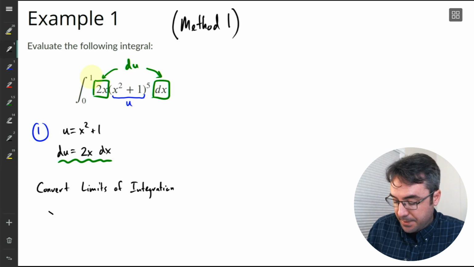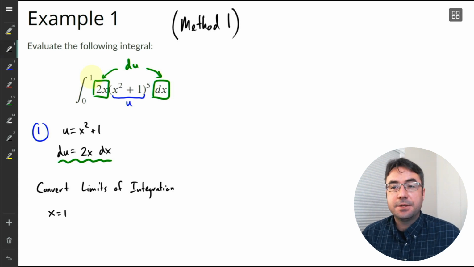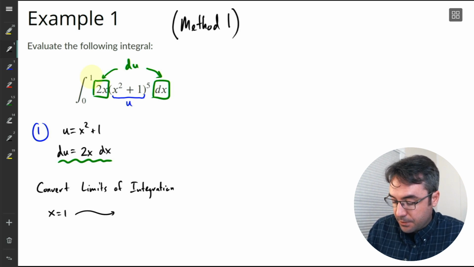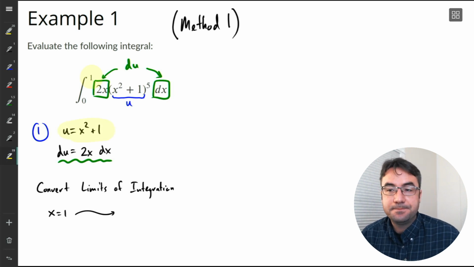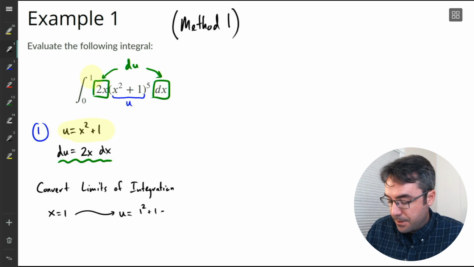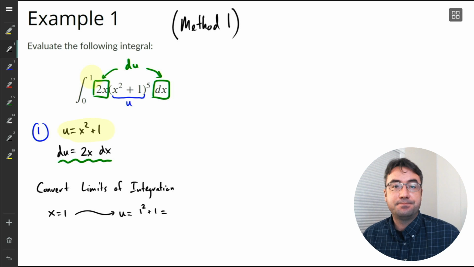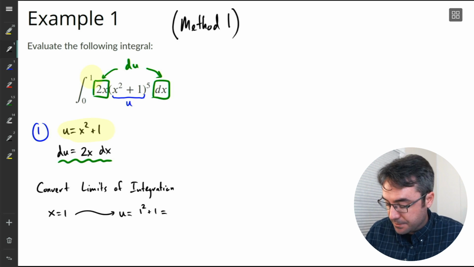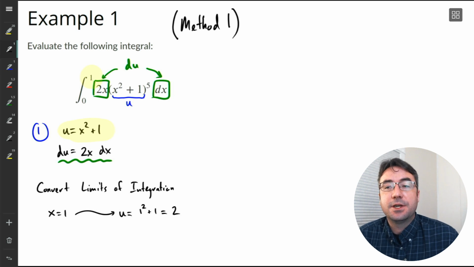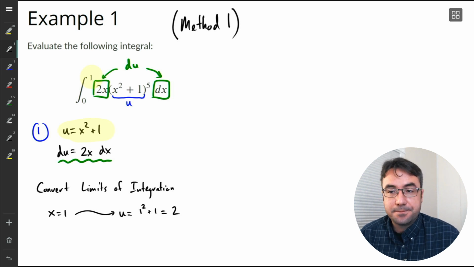To convert this into u, we're going to plug it into our equation for u, which is right here, x squared plus 1. So we're going to get u equal to 1 squared plus 1, which is 2. So our new upper limit is going to be u equals 2.